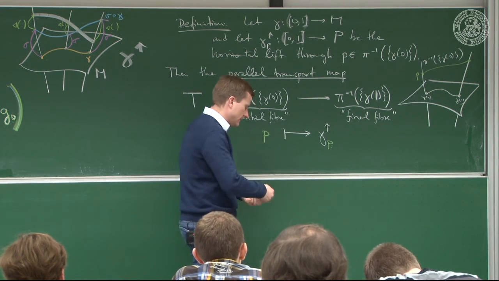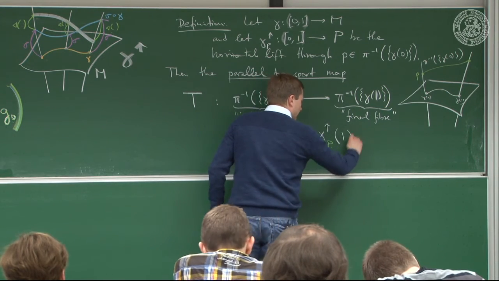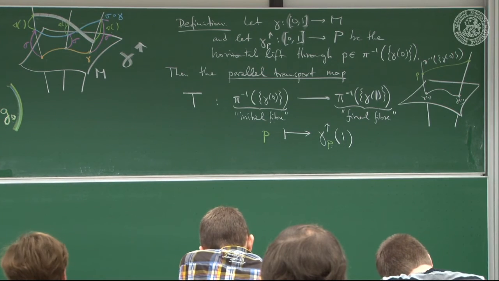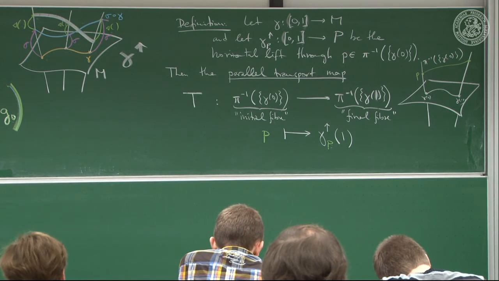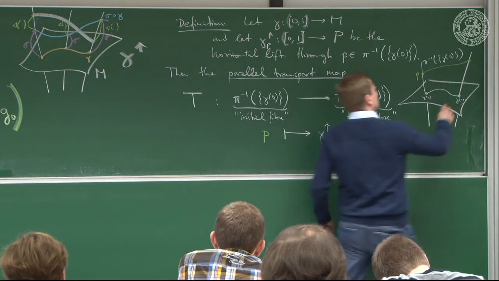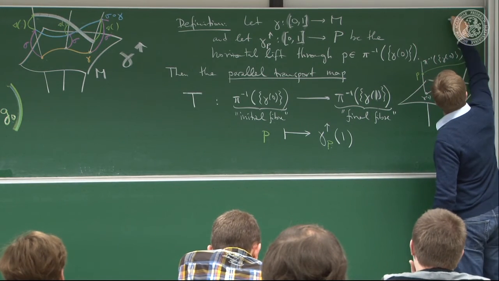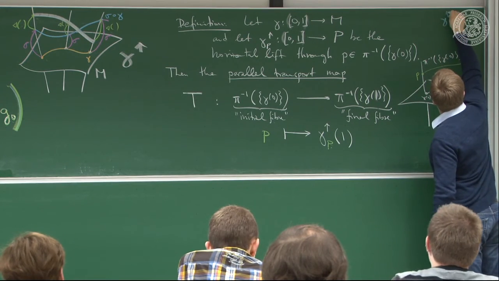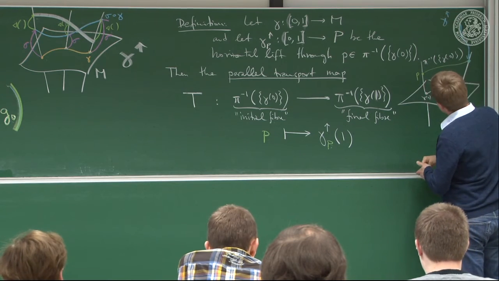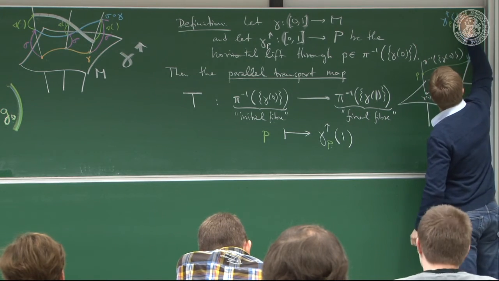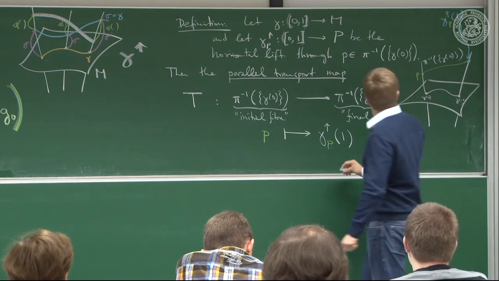I do this here, but then I evaluate this at 1, so that means I arrive at this point over here. This point over here, this is the point gamma horizontal lift passing through at the initial point through the point P, but evaluated at 1. This is this guy here.